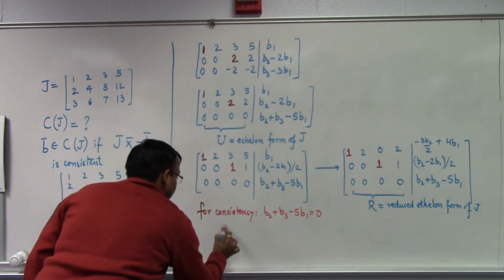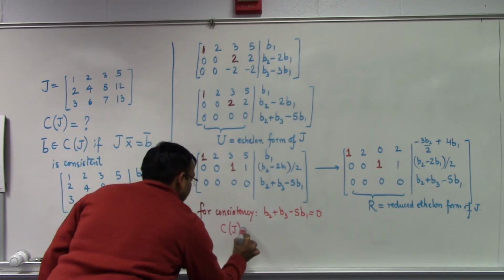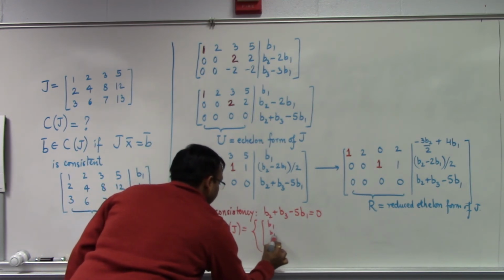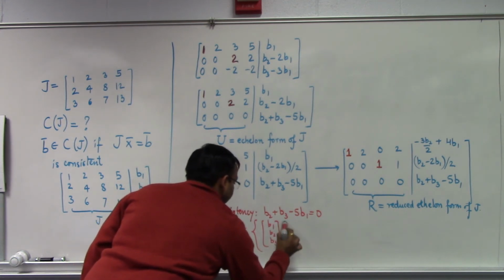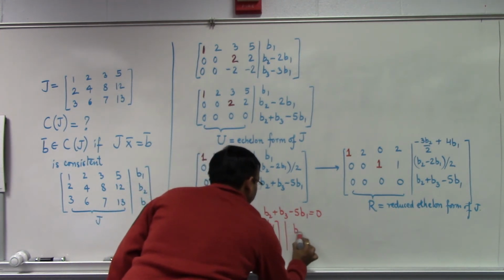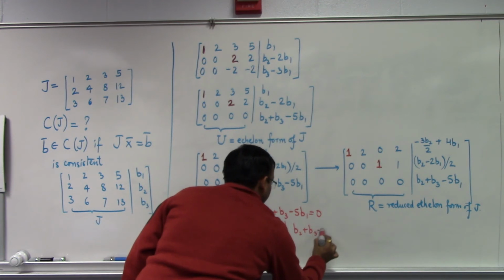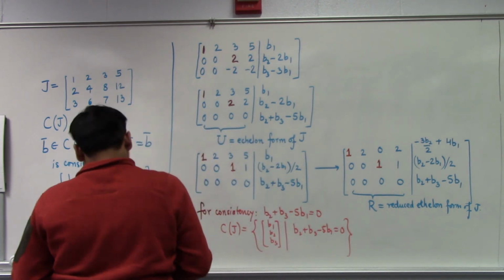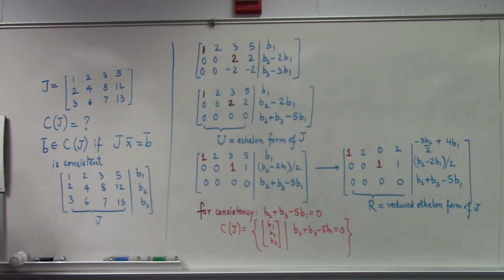So this tells me that the column space of J would consist of all those vectors b1, b2, b3 for which b2 plus b3 minus 5b1 must be 0. Now this is a much better description of the column space than what we had earlier, because now we can say, give me a vector and I can tell you whether it belongs to the column space or not.